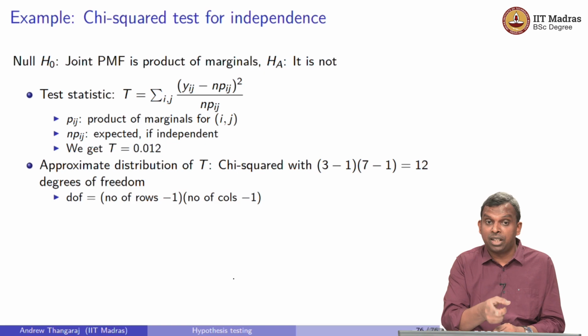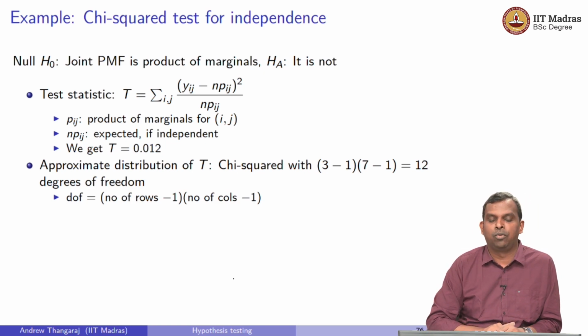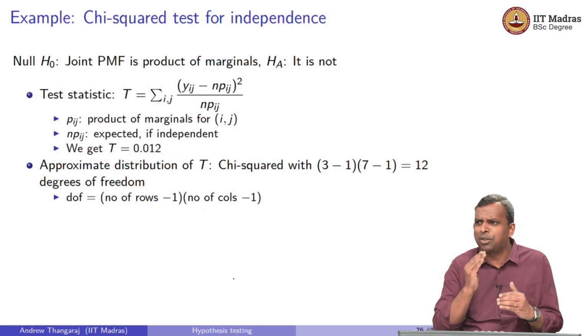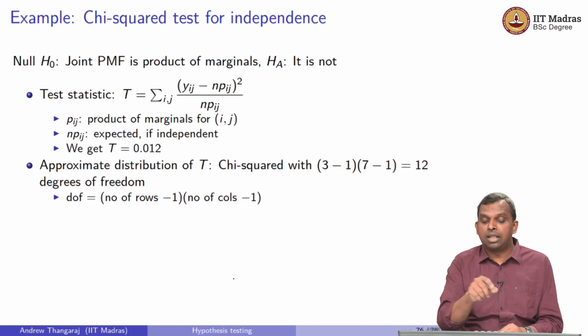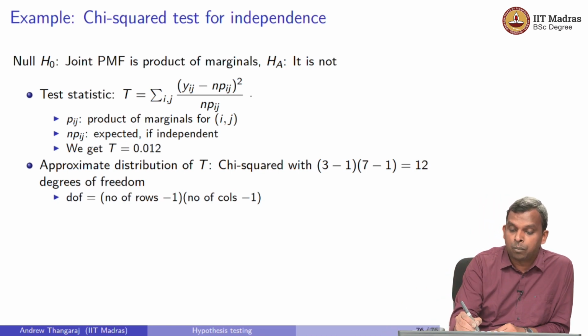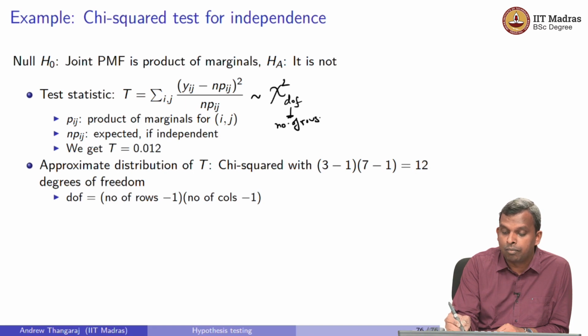If you do this calculation for the previous example, you end up getting 0.012 for the test statistic. It's close to 0, right? So you expect the fit to be good in some sense. Here's an approximation for t. This ends up being chi-squared with some DOF, and this DOF is number of rows minus 1 times number of columns minus 1.